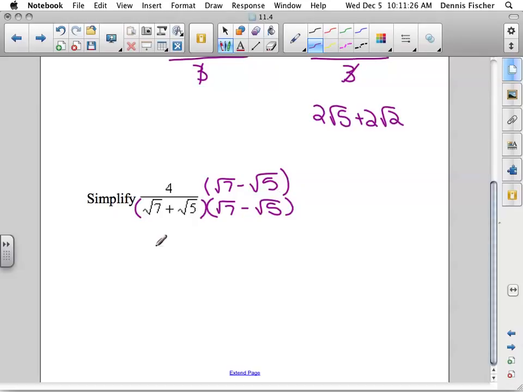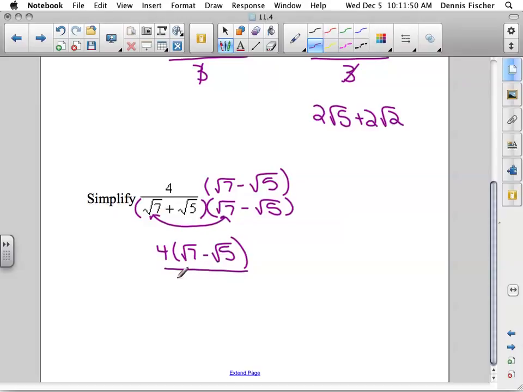For the top, I'm just going to leave it alone for now. On the bottom, the denominator, the first terms multiply together: square root of 7 times square root of 7 is square root of 49, which is 7.